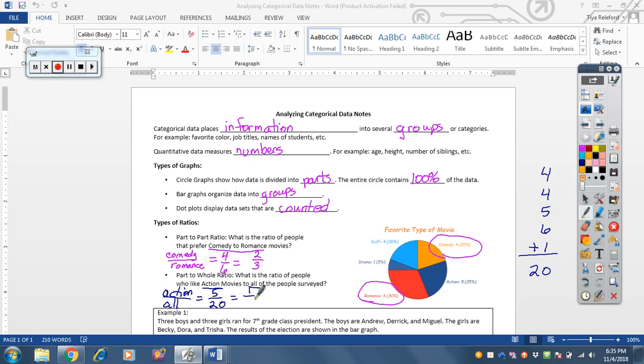And of course we have to simplify that. Or we see the 25%. You could have also said 25% to 100%, which again simplifies to 1/4.